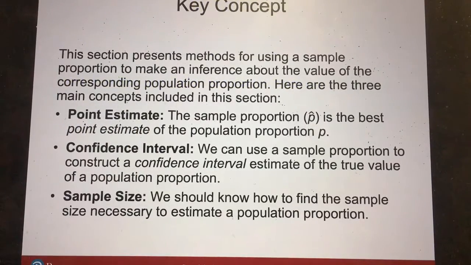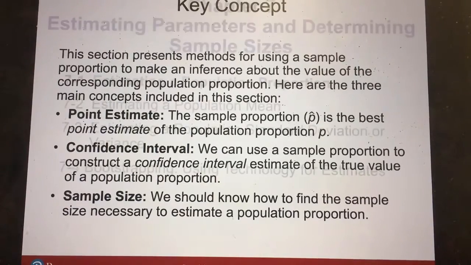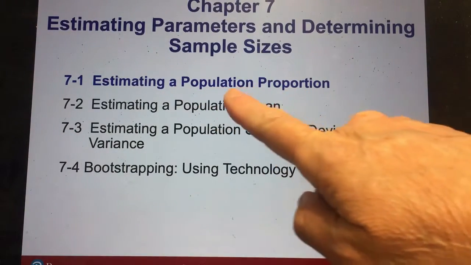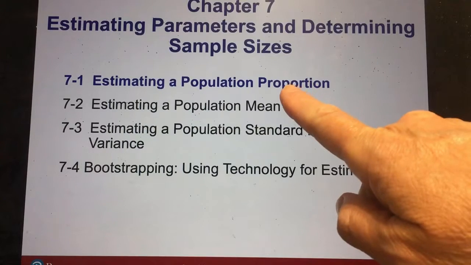Okay, so here are your key concepts like I showed you on the piece of paper. We're going to be talking in each case about a point estimate, a confidence interval, and a sample size. Since the first section, 7.1, is about estimating the population proportion, the p-hat is actually the sample proportion.